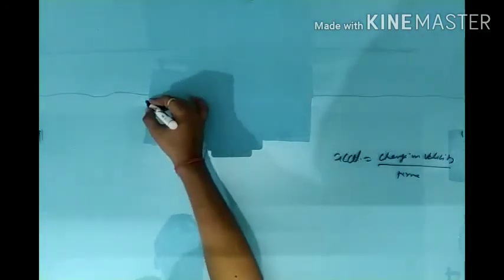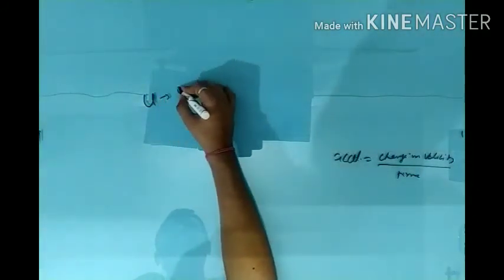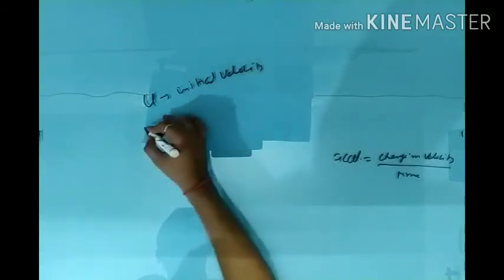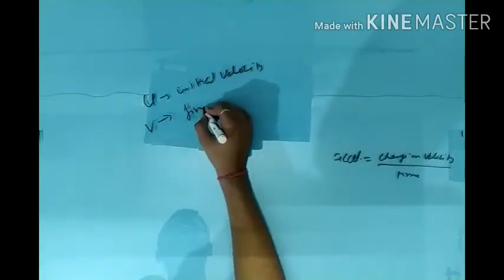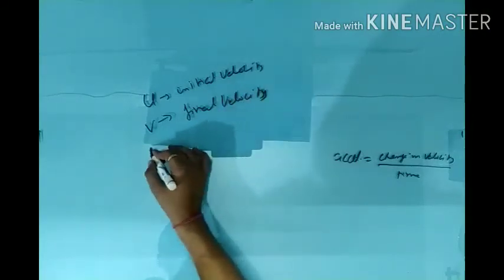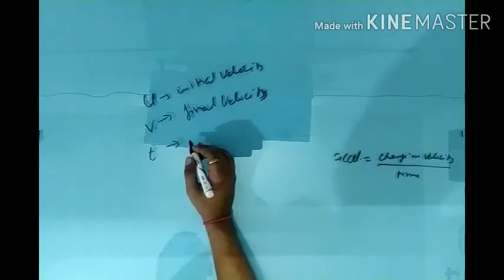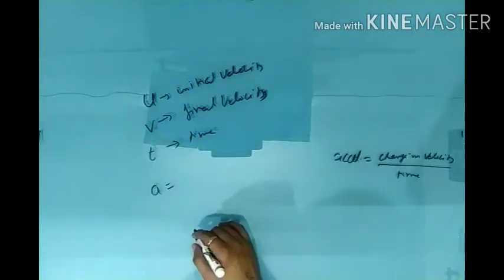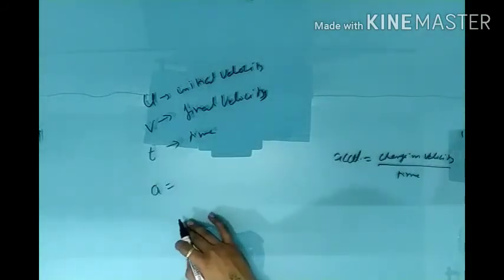Suppose u is the initial velocity and v is the final velocity. How much time does it take from initial to final? Then we have time t. Here t is the time to raise the velocity from u to v. So in case of acceleration, it is change in velocity.